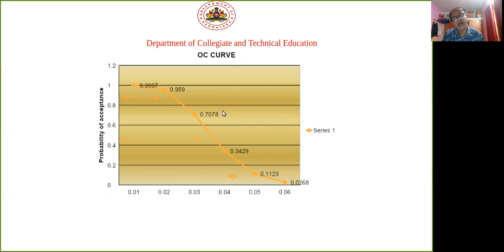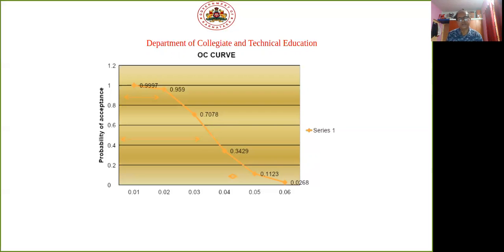Once again, I can say that the curve can be drawn by means of the calculations, where we need to use the formula: the sum of x from 0 to n of nCx into p to the power of x into (1 minus p) to the power of n minus x.